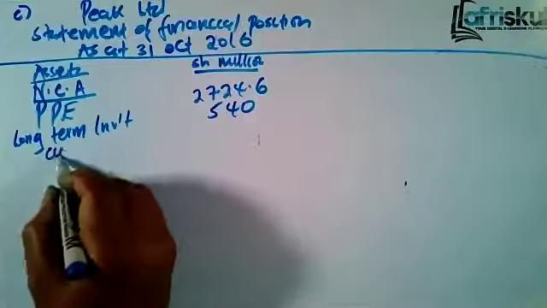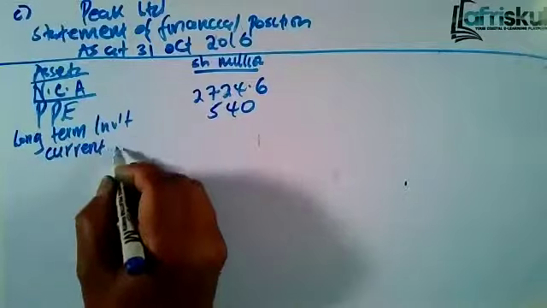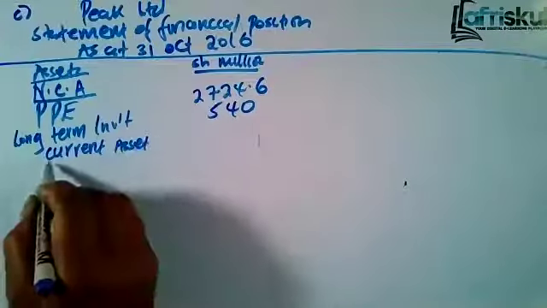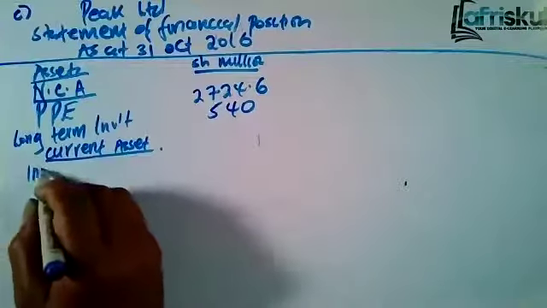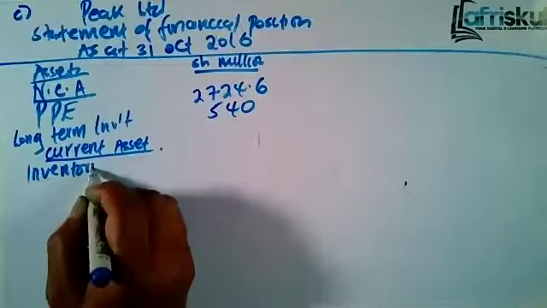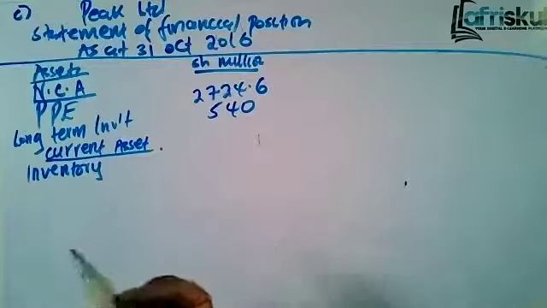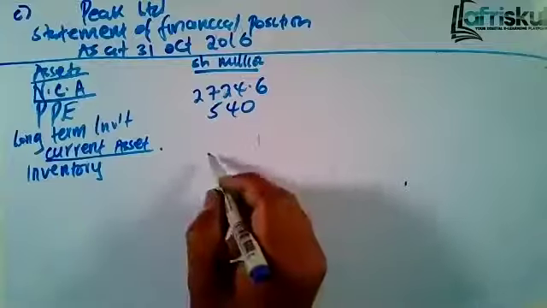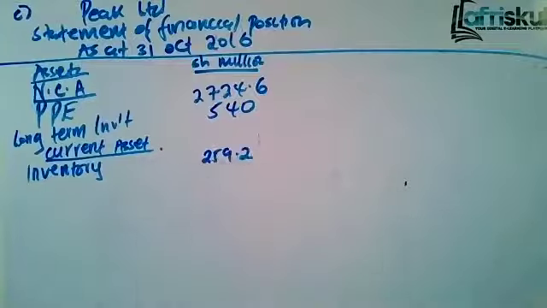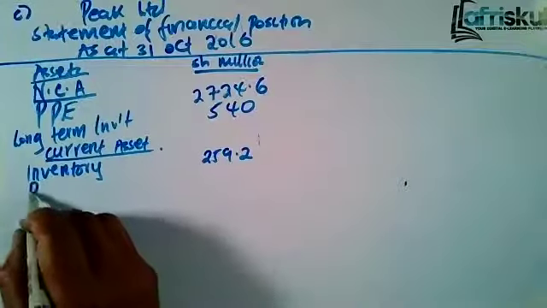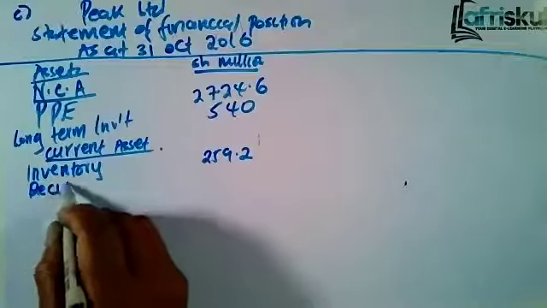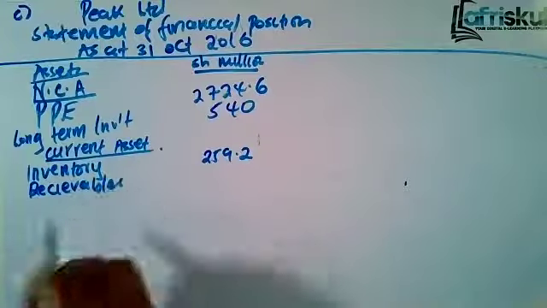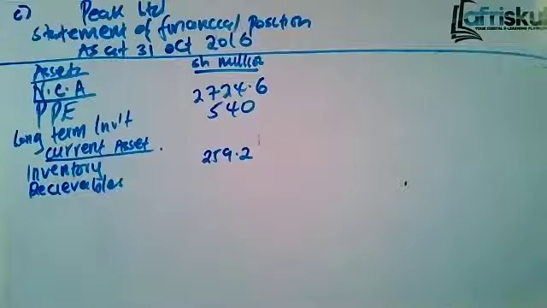Now let's go to the current assets. And the current asset, note number 2, we had a free mark there. The inventory, the closing stock. Note number 2, it was 259.2. Then account receivables.